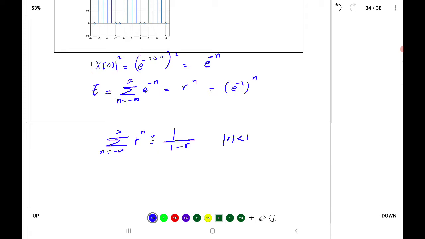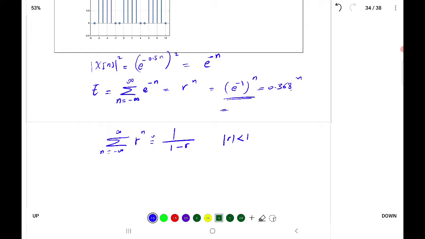Is e to the power negative 1 greater than 1 or less than 1? Actually, it's a fraction. If you do it in the calculator, you can find it's equal to 0.368. So you can write it as 0.368 to the power n. The energy is equal to the sum of e to the power minus n, which is 0.368 to the power n.